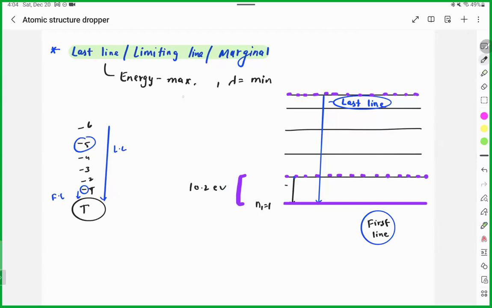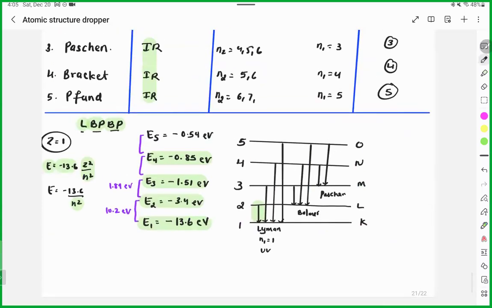But if you say the energy difference between first and last, what will be the energy difference? How many lines are there? 1, 2, 3, 4, 5, 6. What was the energy of this sixth? E6. You will divide by 36, correct? And 36, it will be approx 0.3.